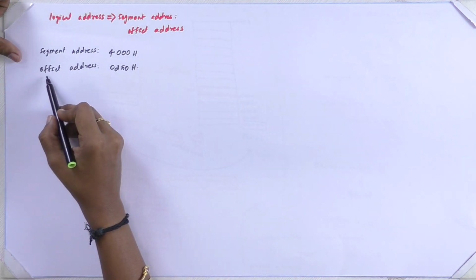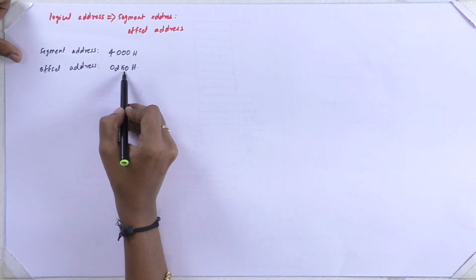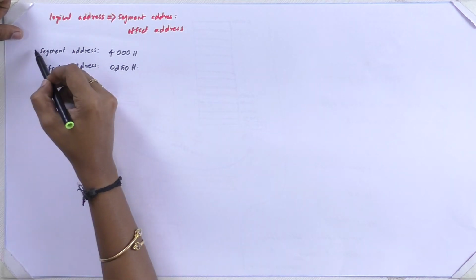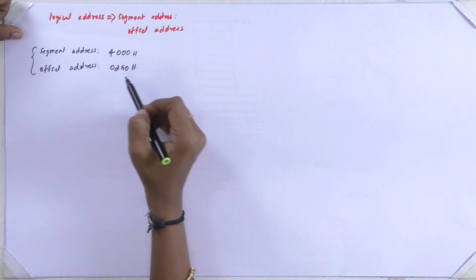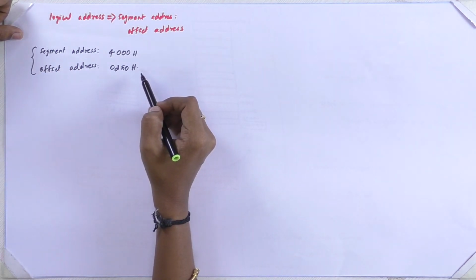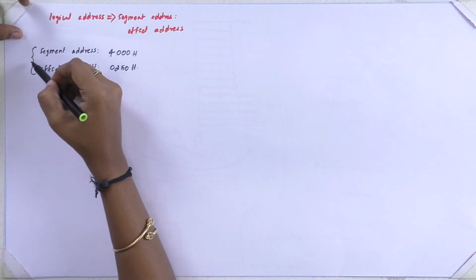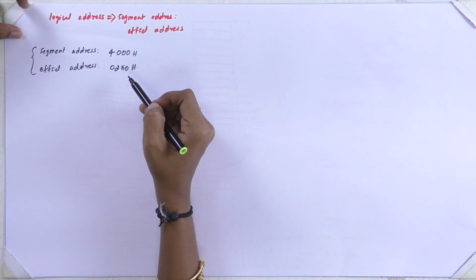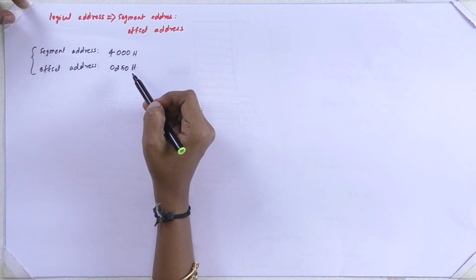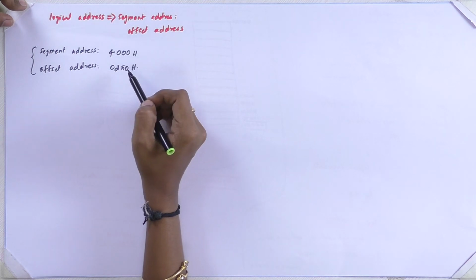This combined logical address will be converted to physical address by shifting 4 zero bits to the left of the segment address.